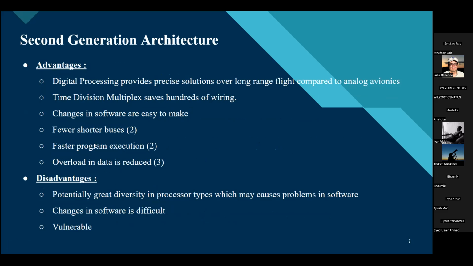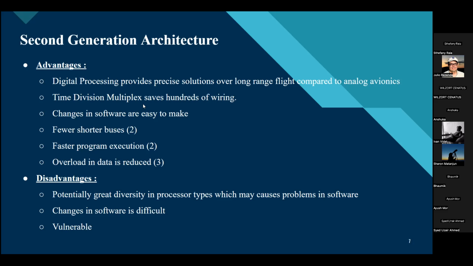Then moving on, we have the advantages and disadvantages of the second generation architecture. The advantages are that digital processing provides precise solutions over long range flight compared to analog avionics, which will make things easier and more precise. The solutions we get are a bit quicker compared to the first generation.